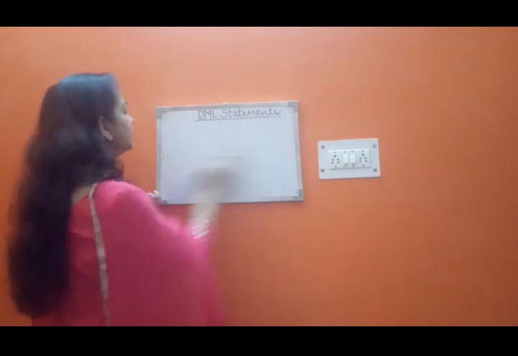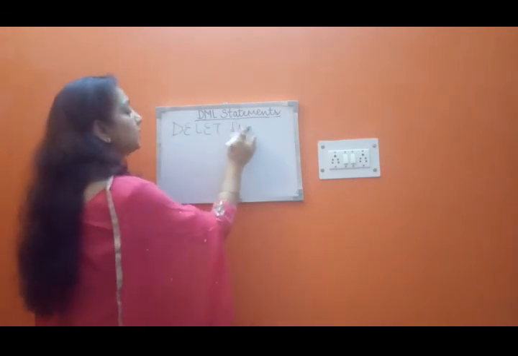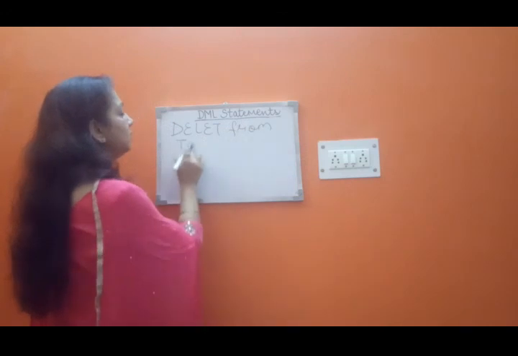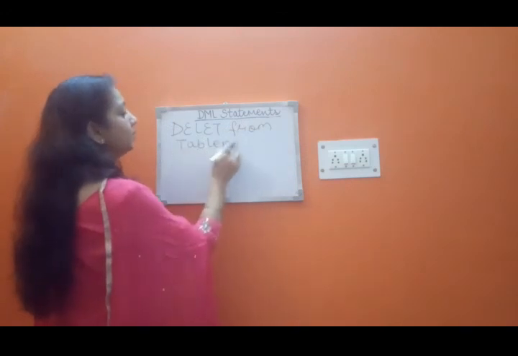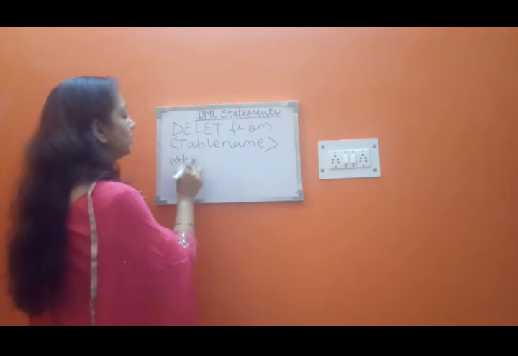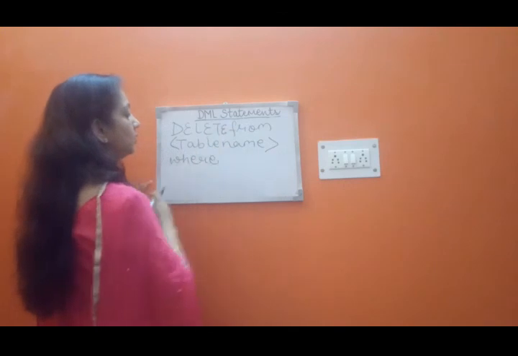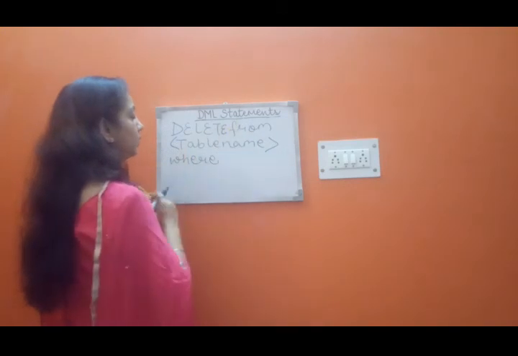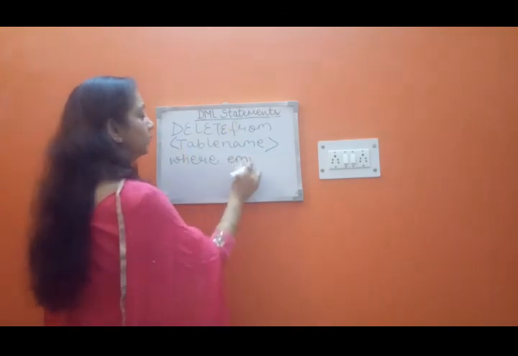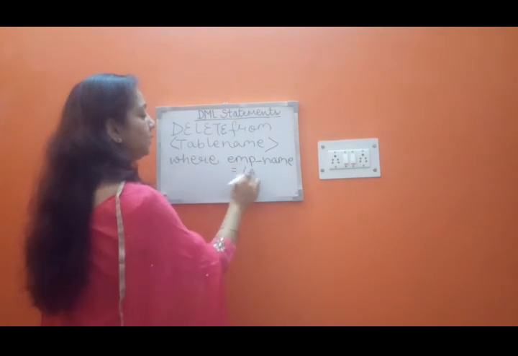The last one is the delete statement. The command, this is the syntax, delete from table name. Obviously I have to give the table name. On what condition? Where employee name equals to ABC.